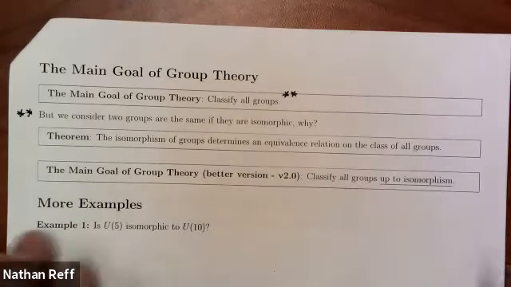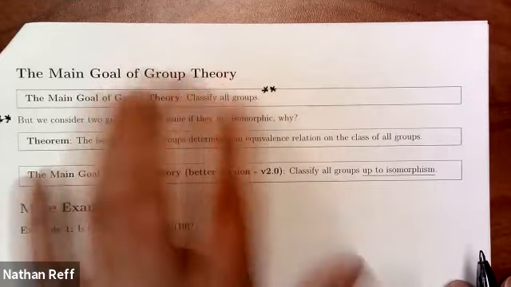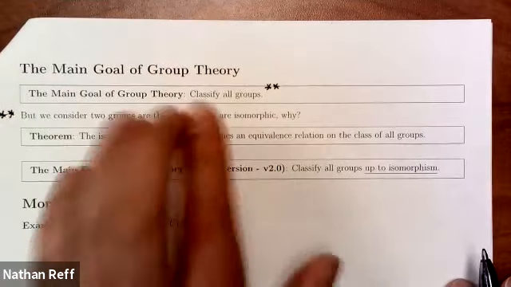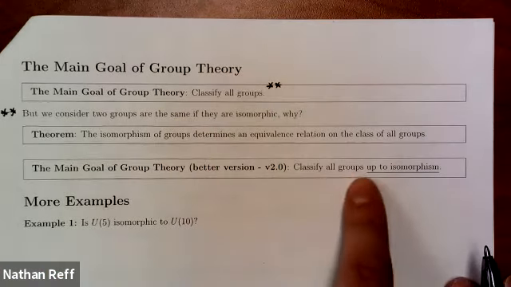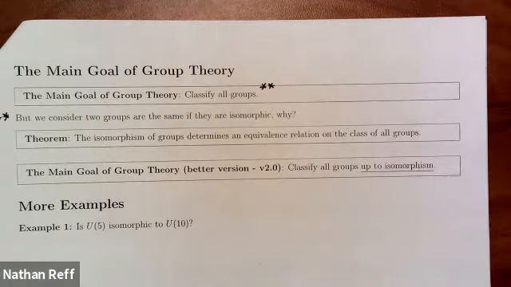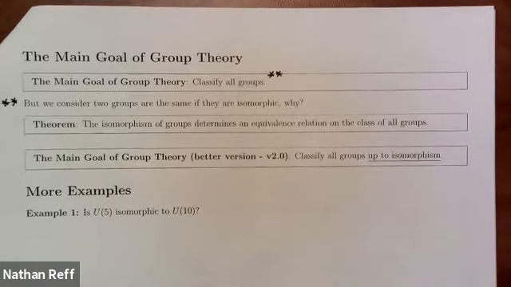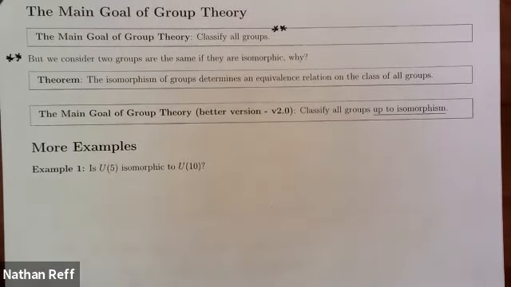So the modified version of this, version 2.0, you could think of this as the beta test for the goal. But a much better version is to classify all groups up to isomorphism. So you're trying to look for these collections of groups, but a bunch of them might be isomorphic to each other. Okay. All right. That's kind of the goal.